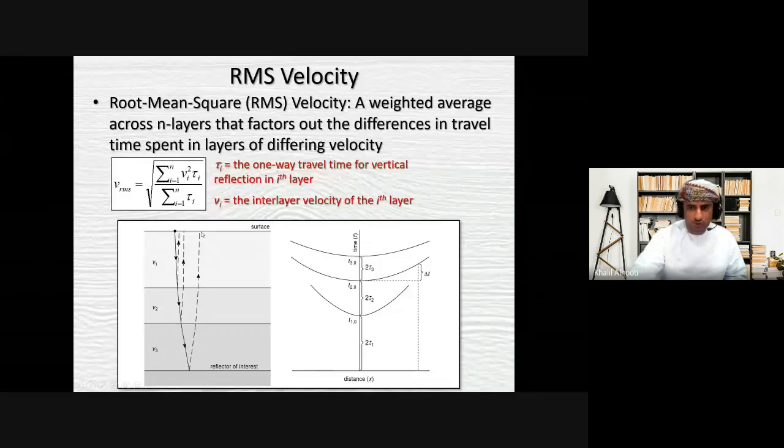It depends not on one velocity, it depends on 3 different velocities. And this is how you get the RMS velocity.